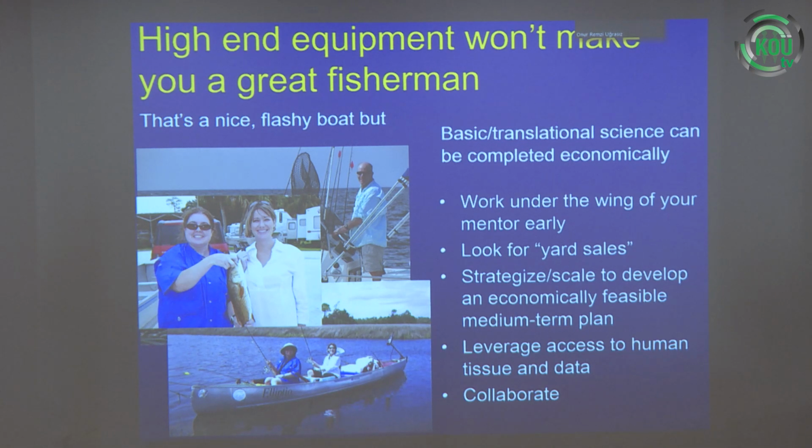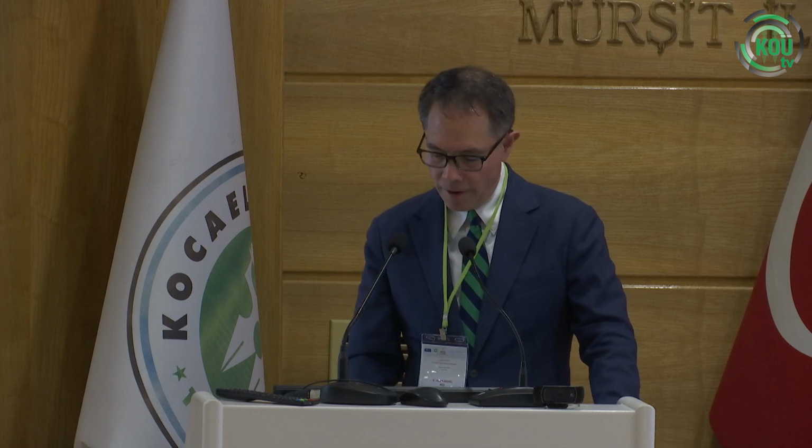Early in your career, I suggest working under the shadow of a mentor. That person already has a set up lab. Anytime a lab is started, new equipment is released. Look for these yard sales. Try to strategize to develop very economical models. If you go into a primate model for the rest of your life, you're going to be writing grants to ensure that you have enough money to do that.